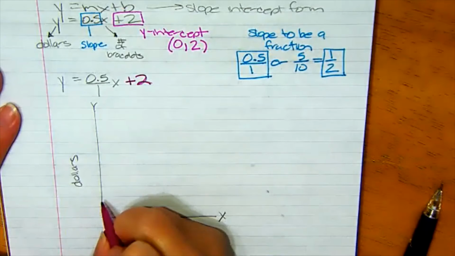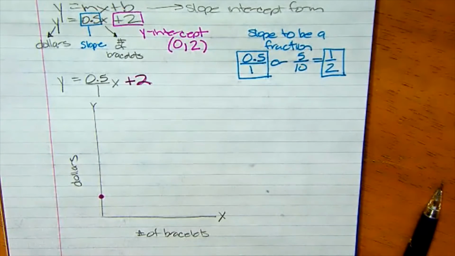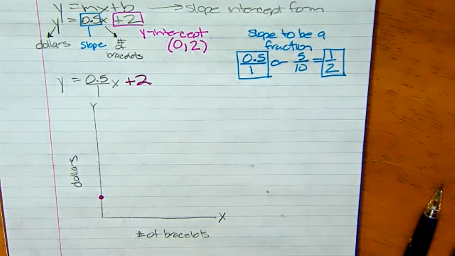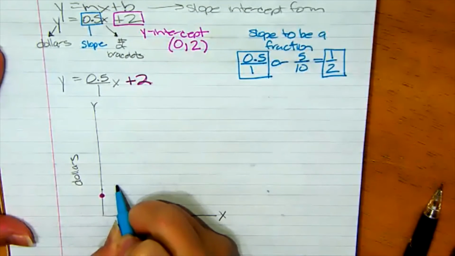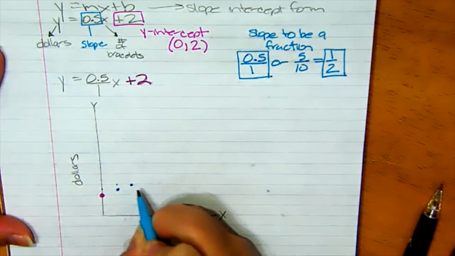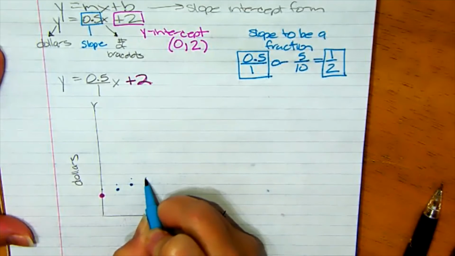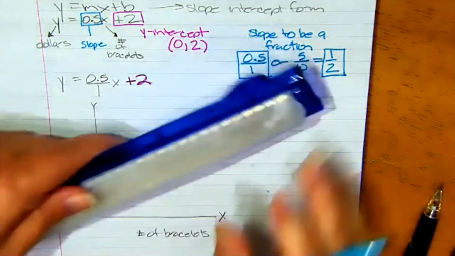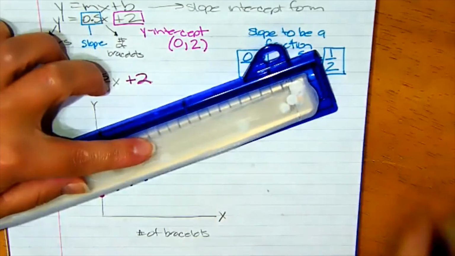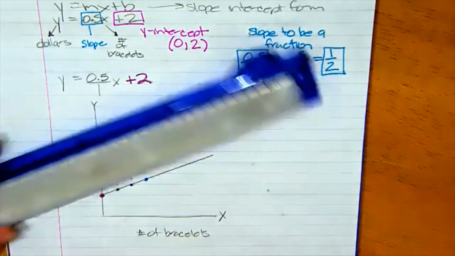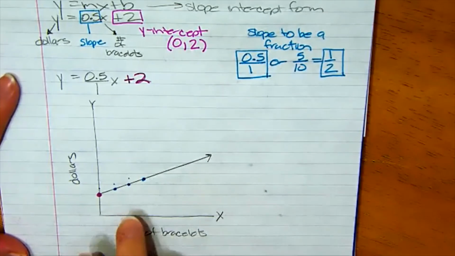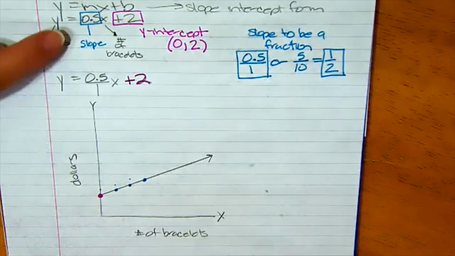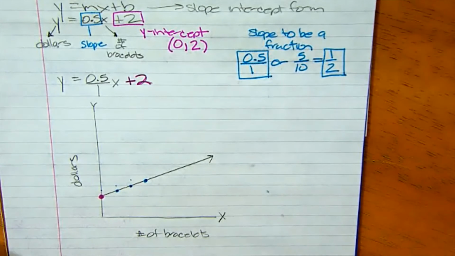When X is 0, Y is 2. Now I'm going to count my slope. I'm going to go up 1/2 over 1. Up 1/2 over 1. So first part of the problem is done. I created a graph to represent this situation.